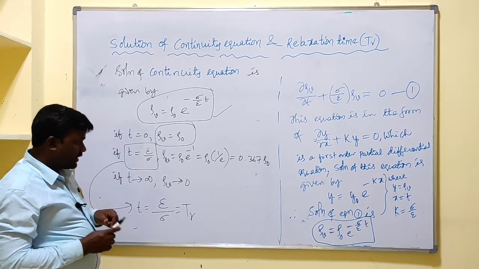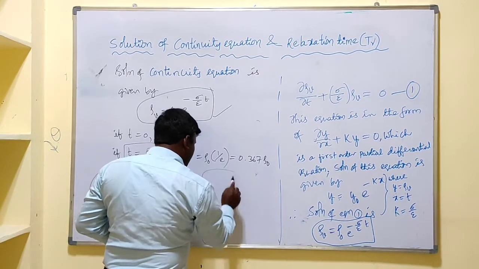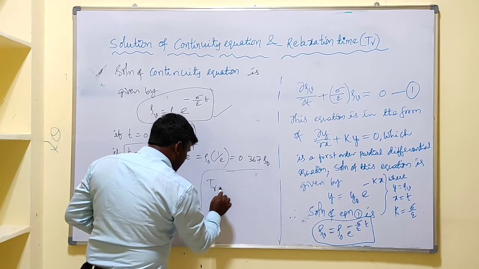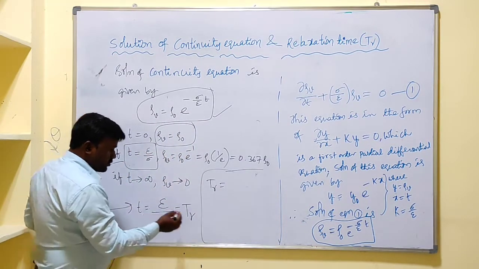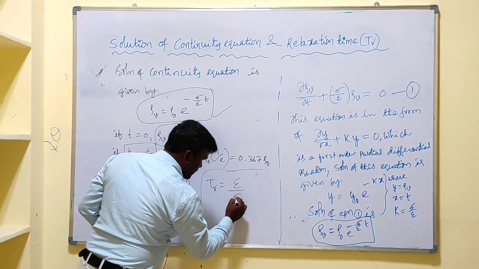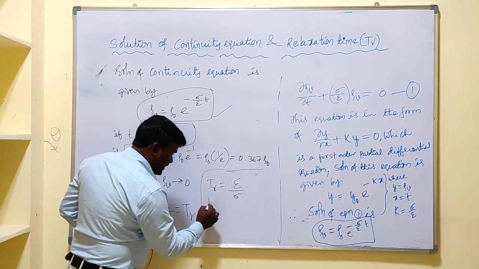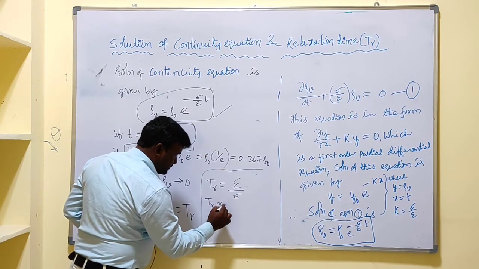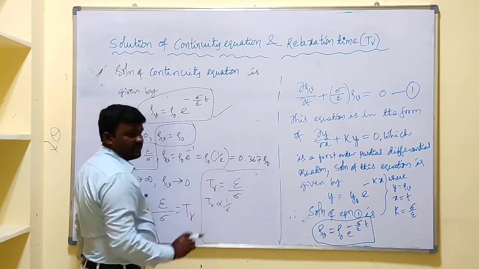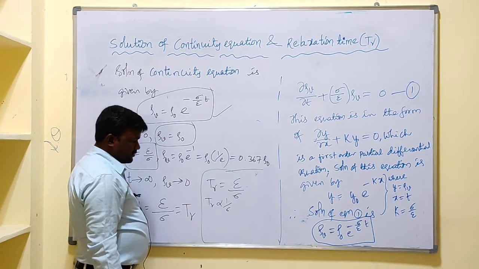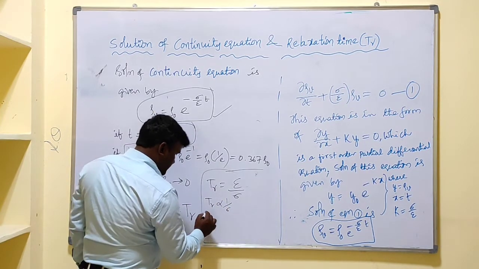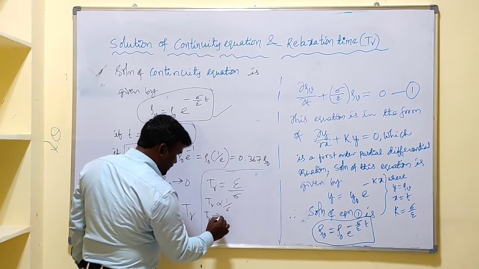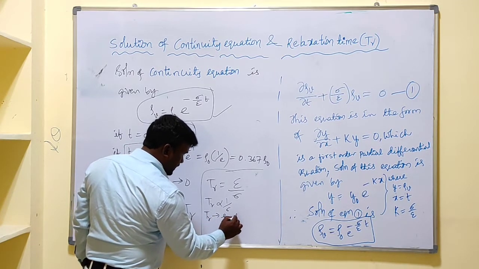Of course, we need to write one more thing, that is relaxation time is defined as what? Derived as what? TR equal to epsilon by sigma. Means what? This TR is inversely proportional to sigma for the given medium. So, that is why TR is small for good conductors.